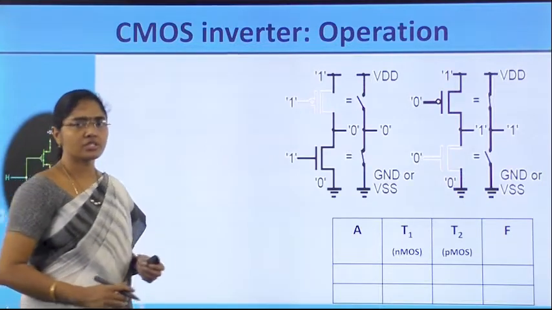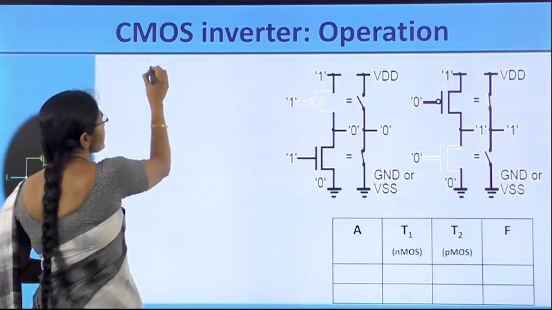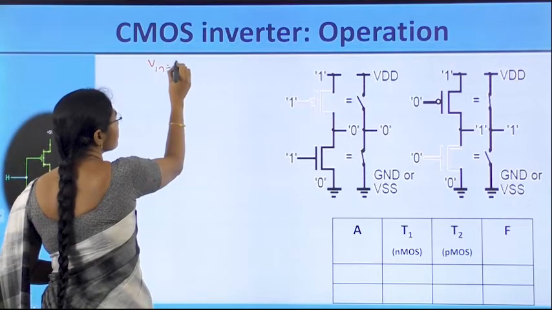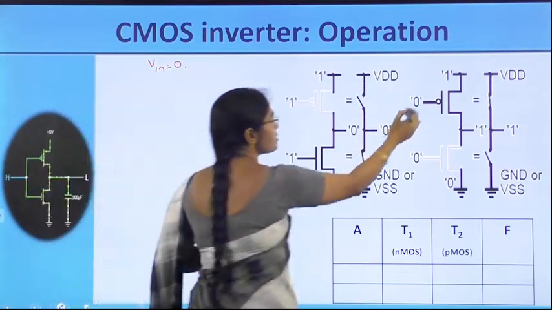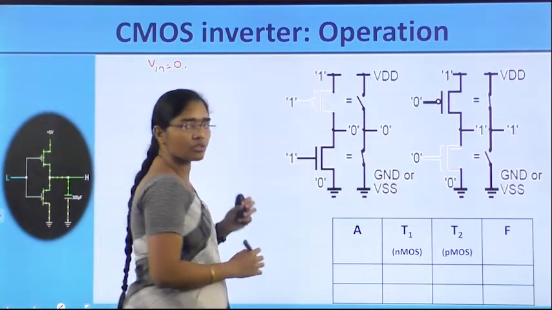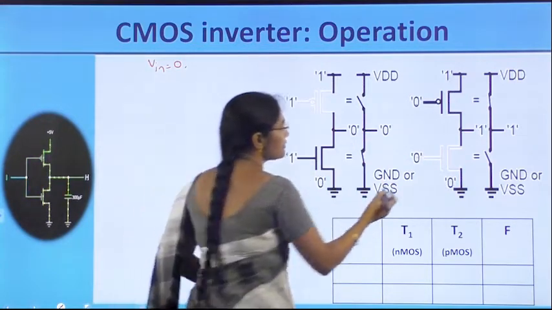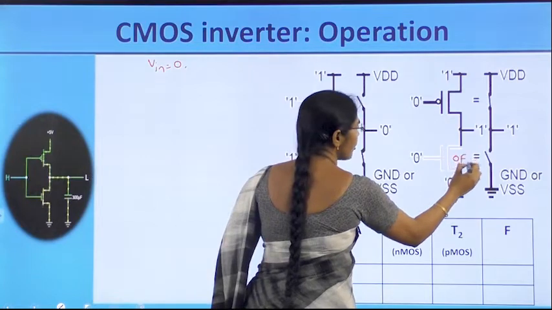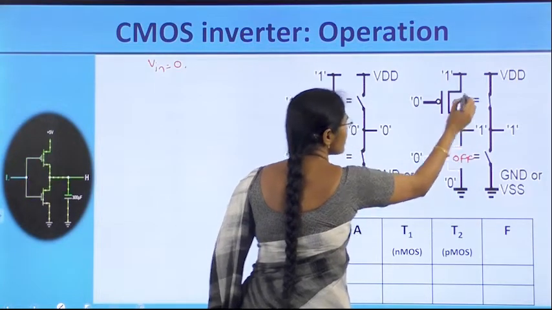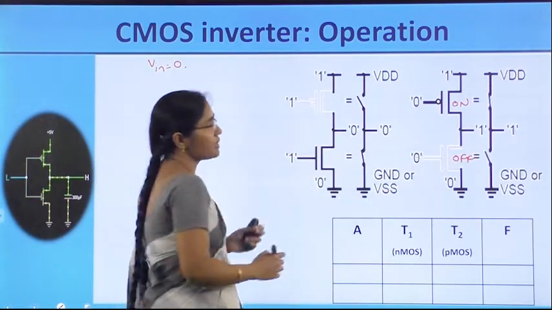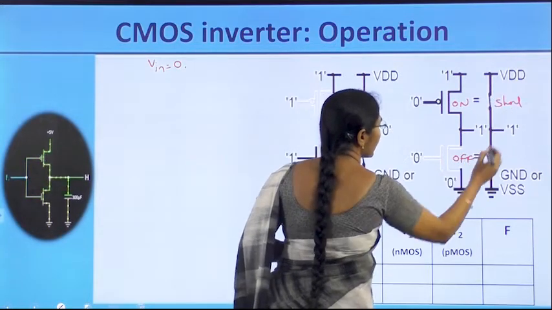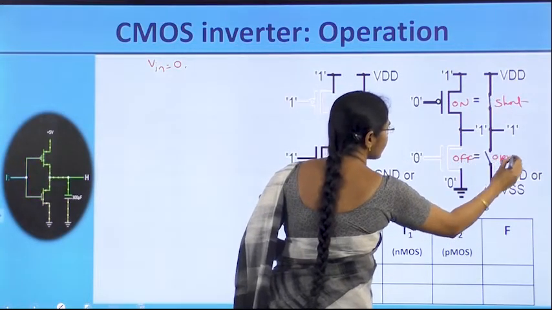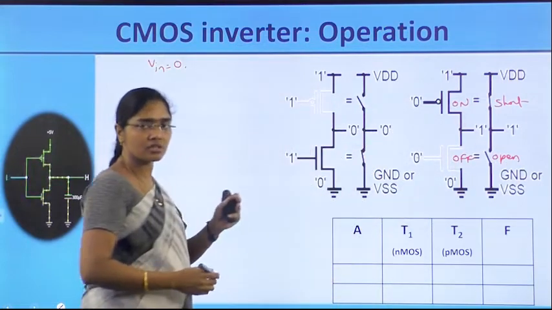Let's check its operation. When Vin is equal to logic 0, what will happen? At both gates, logic 0 is connected. Because of that, the NMOS transistor is off and the PMOS transistor is on. Since the PMOS transistor is on, it acts as a short circuit, and since the NMOS transistor is off, it acts as an open circuit.